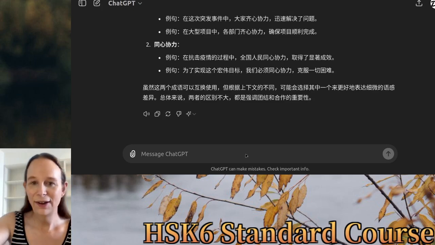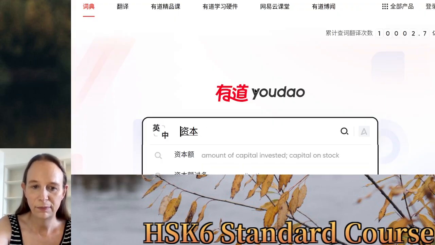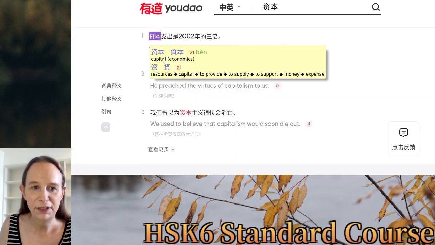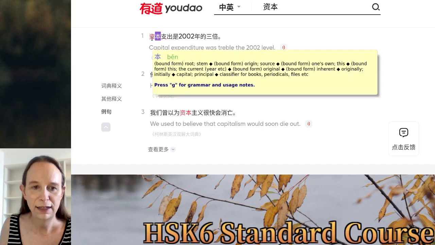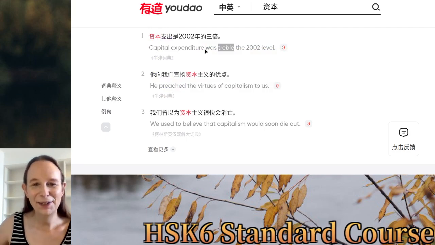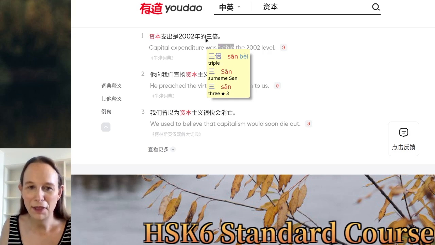Capital. So actually, let's go here. 资本. I just want to know how it's used. 资本支出 capital expenditure was treble. Do people say treble to mean 三倍? Triple or thrice?